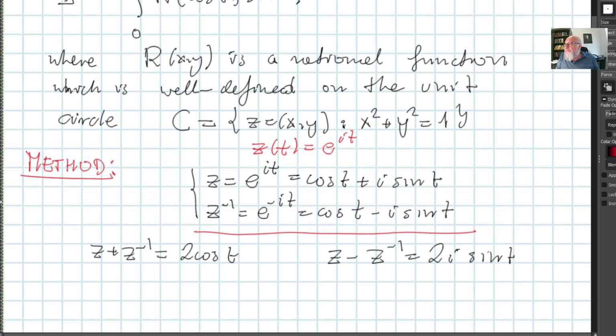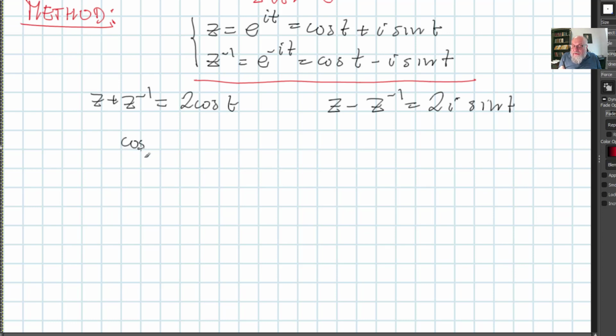Consequently, cosine of t is equal to z plus 1 over z divided by 2, and sine of t is equal to z minus 1 over z divided by 2i, and those are the substitutions for the trigonometric functions.